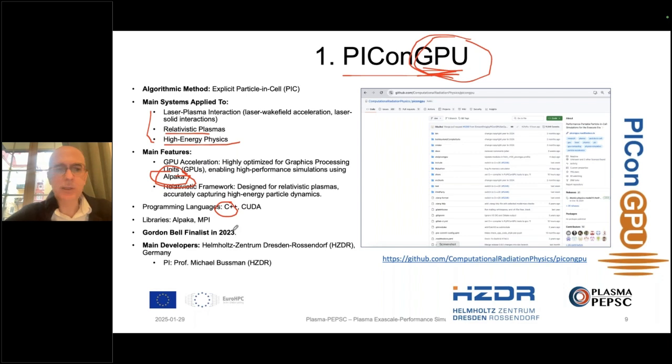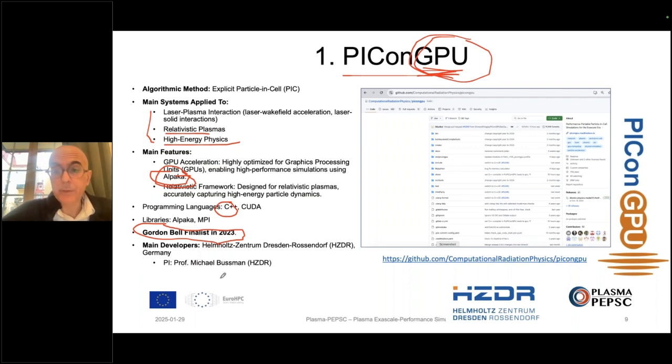The performance of PIConGPU on very large scale systems is outstanding. In fact, it was a Gordon Bell finalist in 2023, and we are very happy to have the main developers, who are at the Helmholtz Centrum in Dresden and Rossendorf, HZDR, with the PI, Professor Michael Bussmann.